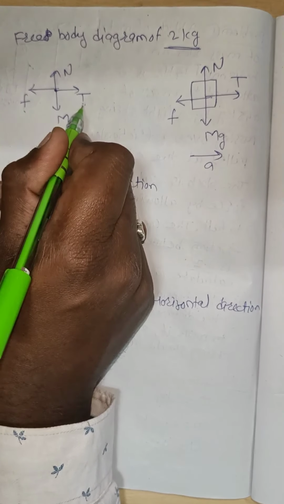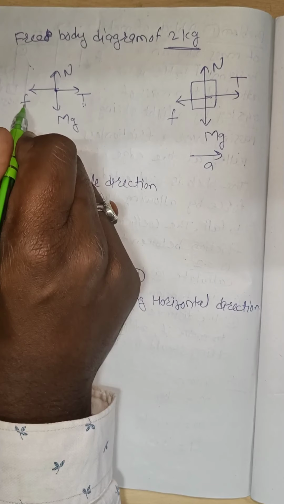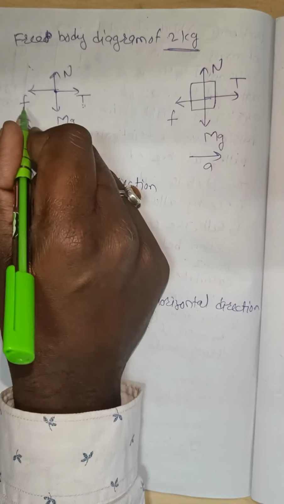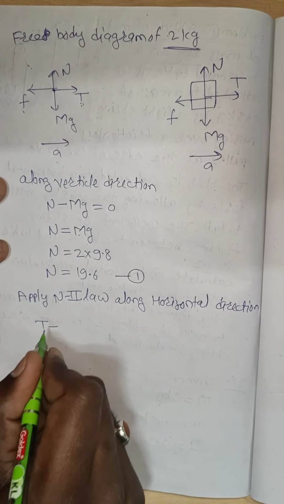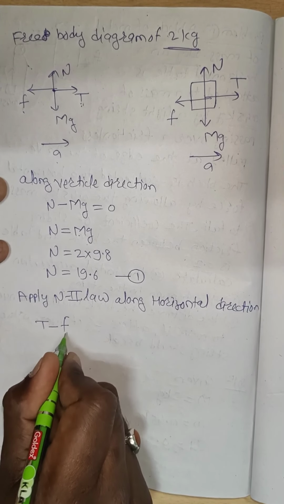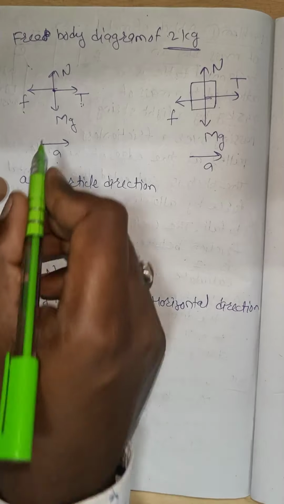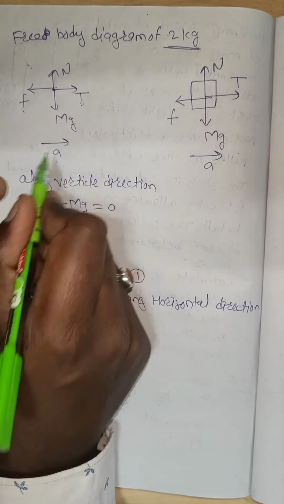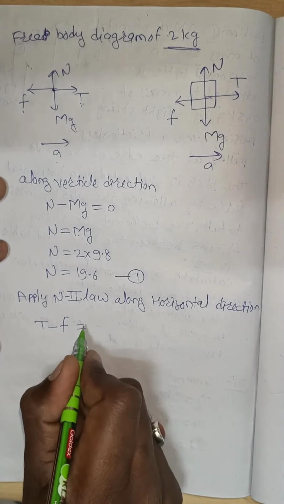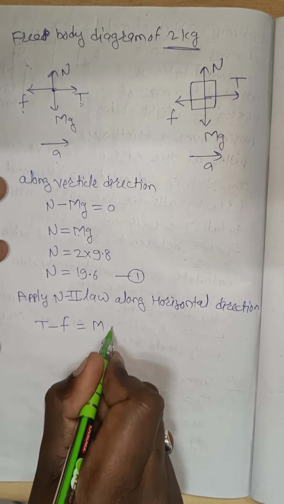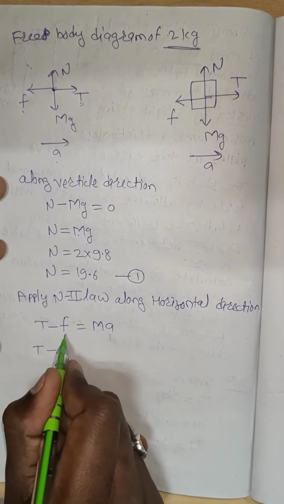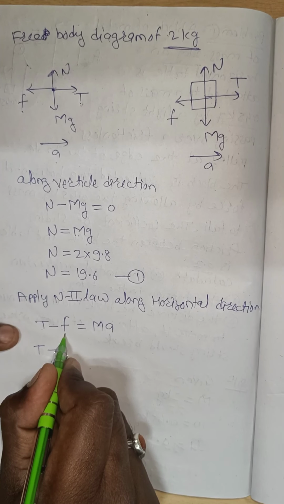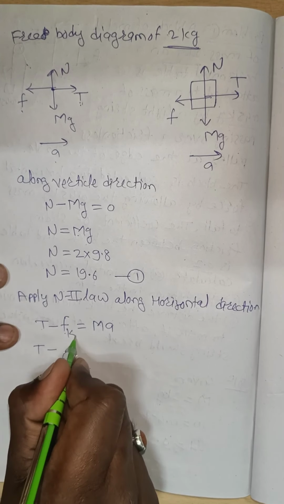Along the horizontal direction, T is in the positive direction and the friction force is in the negative direction. Therefore T minus F is equal to mass into acceleration, and the acceleration is in the positive direction. Therefore, with mass capital M, T minus the friction force, that is the kinetic friction.